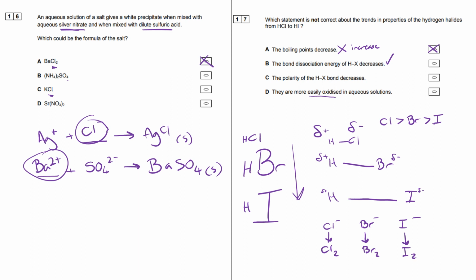Well, chloride has the least amount of shielding, so that's not oxidized easily. Iodide is a large ion, it very easily loses electrons, so that is easily oxidized. So going down from HCl to HBr to HI, they are indeed oxidized more easily in aqueous solutions.